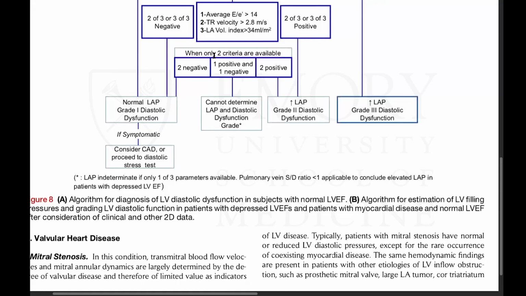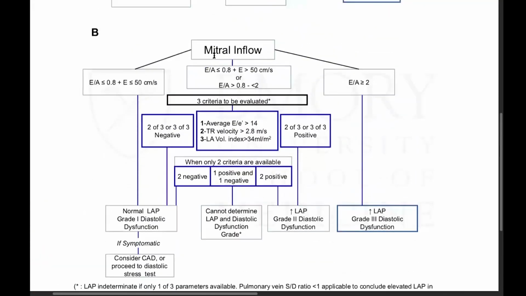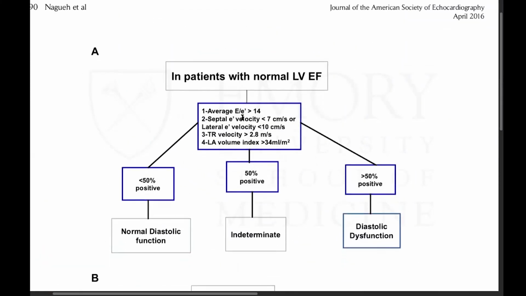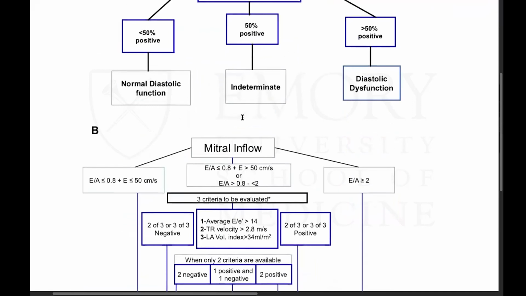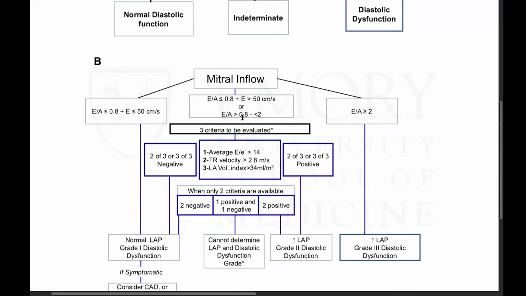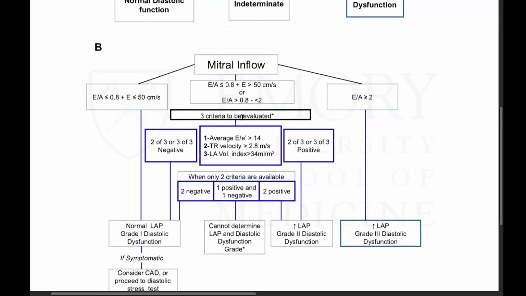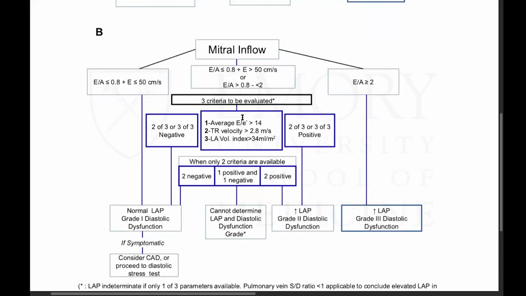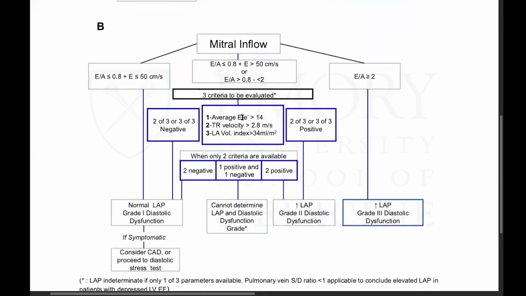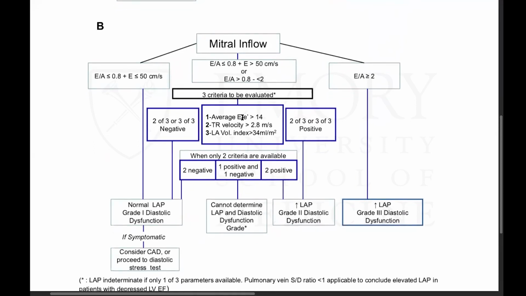I just want to make a quick comment here, Maan. For the second algorithm that you have shown, if you don't mind just scrolling up a little bit. So mainly for the fellows, the second algorithm applies to patients with low EF, but also in the guidelines, this has been mentioned that if they also have normal EF with concomitant cardiomyopathy, significant LVH, uncontrolled hypertension, significant coronary artery disease, then we're supposed to apply the second algorithm, which is intuitive.